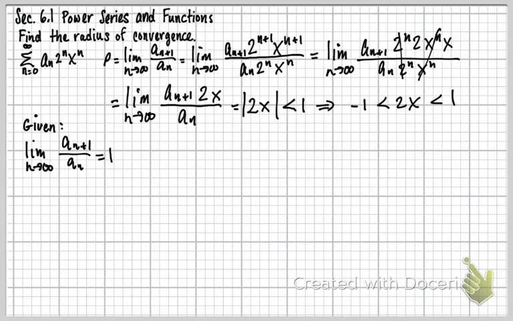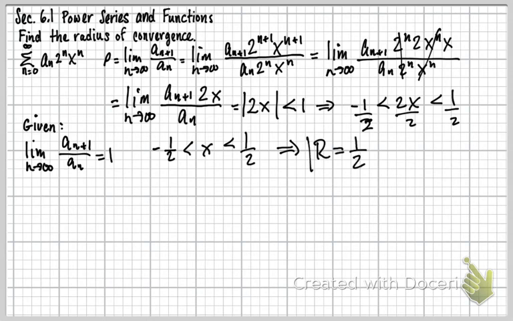So then what this means is if I divide all sides by 2, I'm going to get -1/2 < x < 1/2. So notice this is from -1/2 to 1/2. So this implies that my radius of convergence, my R, is equal to 1/2. So there's my answer, and that's all I was really supposed to find here.